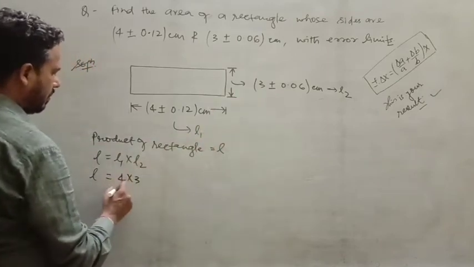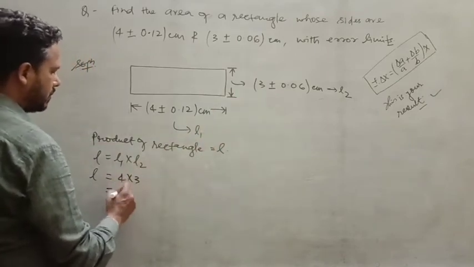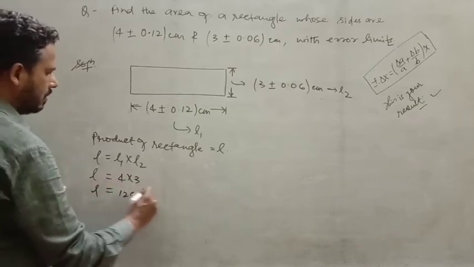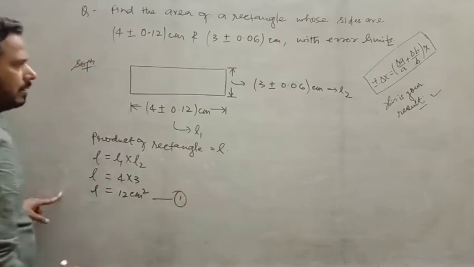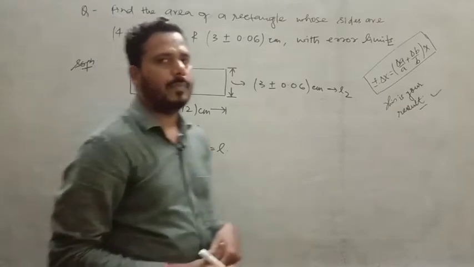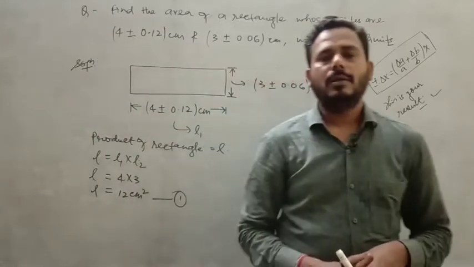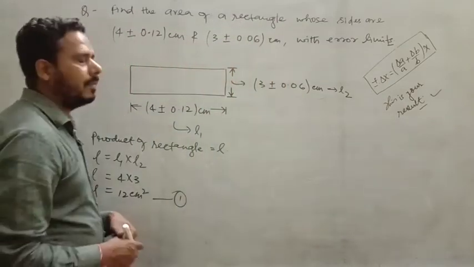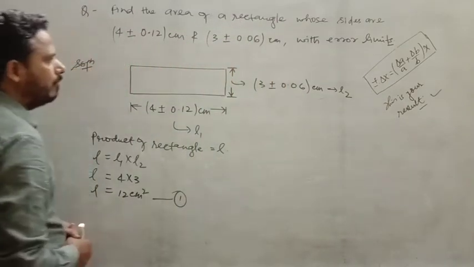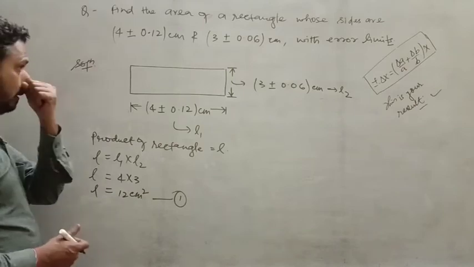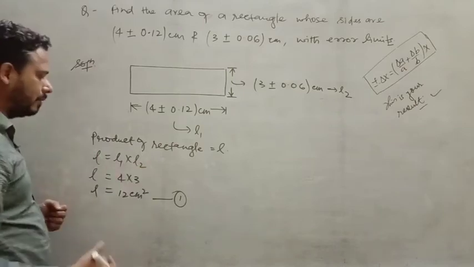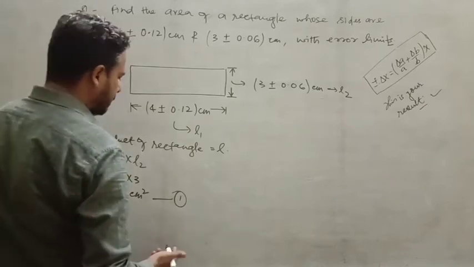After multiplication, 4 times 3 is 12. So 12 square centimeter, equation 1. You got it. And then you have to find its error limits, so you have to calculate that one.